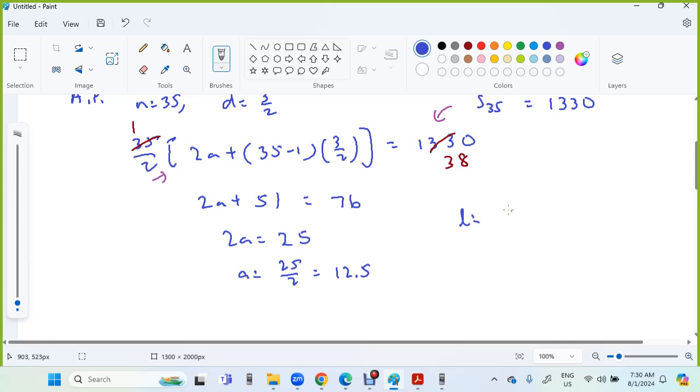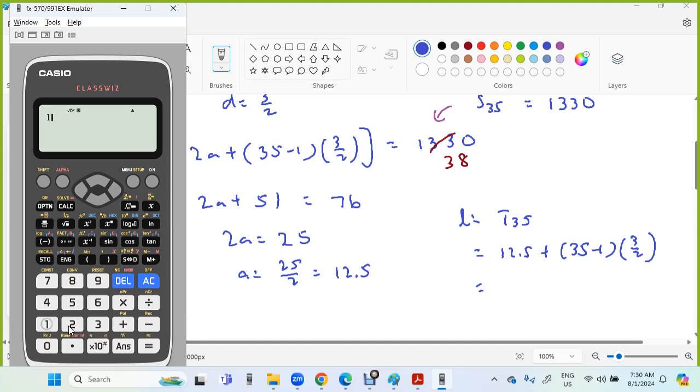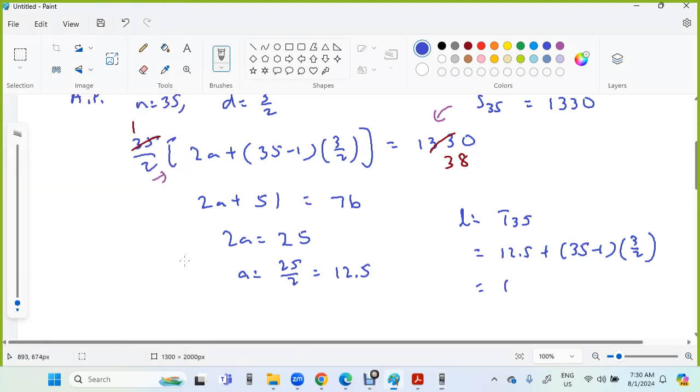So the last term is T35, which is 12.5 plus (35 minus 1) times d, d is 3 over 2. Okay, so we have 12.5 plus 34 times 1.5, which is 63.5.